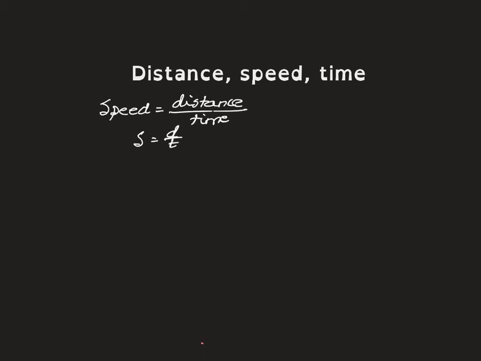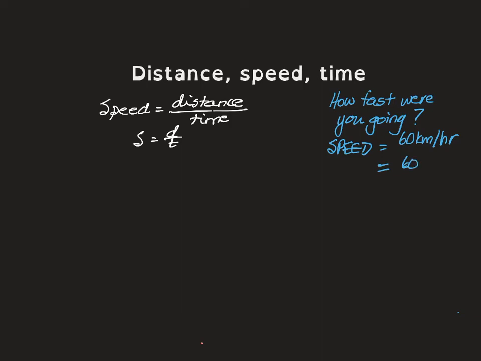This is an easy formula to remember if you just think of your real life. If you ask somebody how fast were you going, you're asking them what their speed was. And they tell you, I was going 60 kilometers per hour.